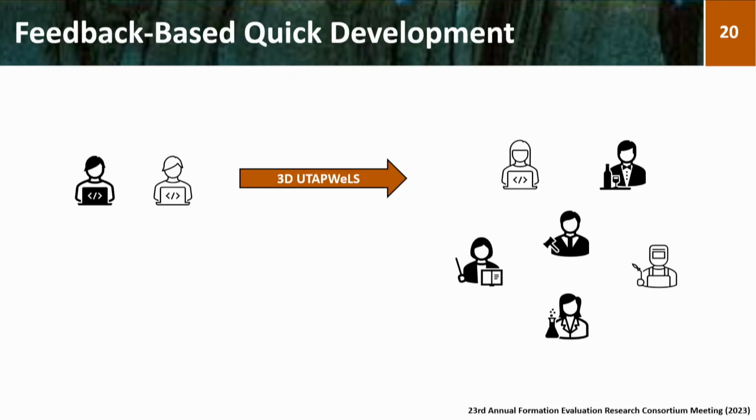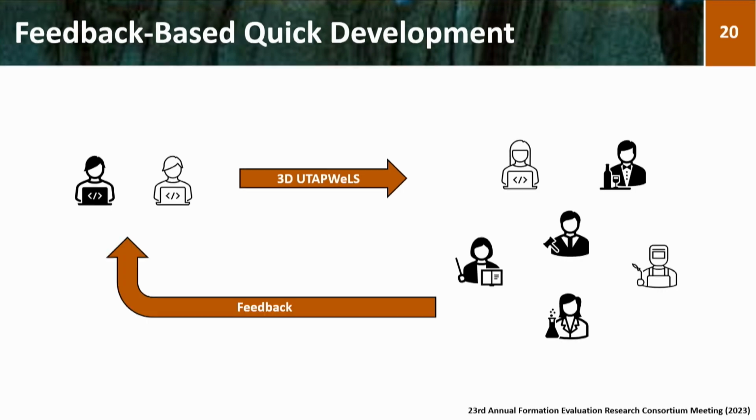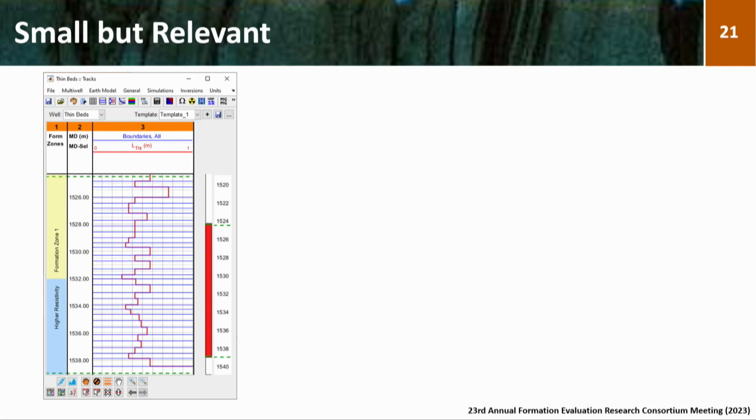All right. Also, this slide that I like to show, I've been showing for the past 3 years or so. The way UTAPWeLS works is there's Bruce and me doing the development, then we send it out, and sometimes that's it. Hopefully, that's not it. Hopefully, there's some feedback coming back. And with that feedback, like Carlos was saying, we do the developments according to what people tell us. So here is a few examples of things that we did this year that are small but relevant developments.